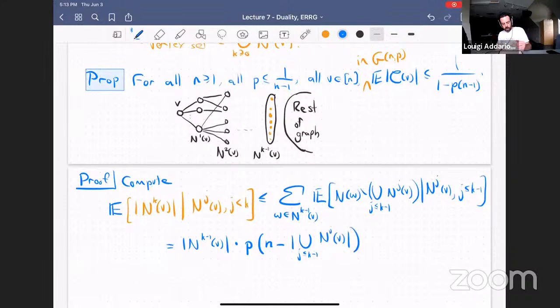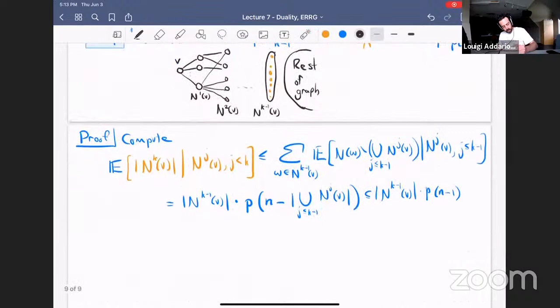Just for an upper bound, let's say that's at most the size of N_{k-1} times P times n minus 1. Now, by taking expectations in this inequality, we want to bound the expected value of N_k of V, and we only have a conditional expectation right now.